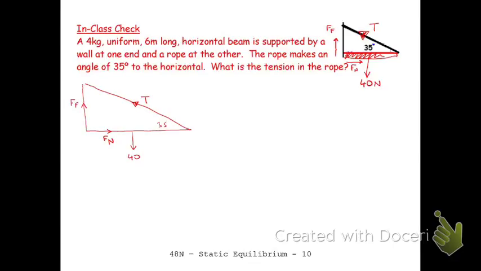So why is the frictional force going up? If the frictional force wasn't there, which way would the piece of wood fall? Upwards or downwards? So then if it's not falling downwards, the frictional force must be supporting it upwards. Remember, frictional force points in the direction that opposes the motion or the tendency to motion.